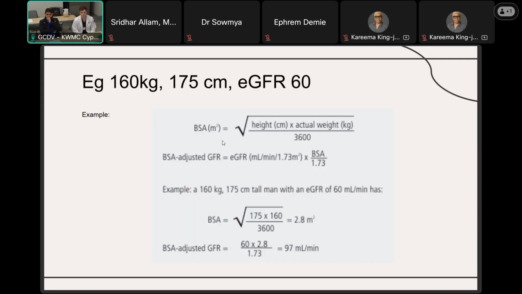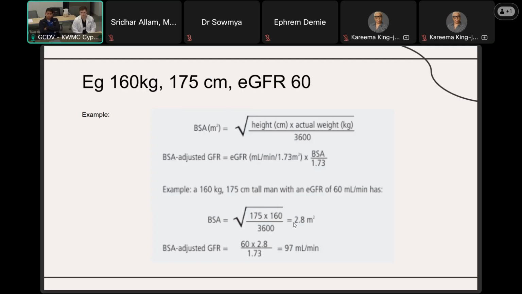So let's take an example. I'm an extreme patient, which is 160 kilograms. Height is 175 centimeters, and the estimated GFR by CKD is 60. When we calculate the body surface area, it would be the square root of 175, which is the height, times 160 kilograms, which is the body weight, divided by 3600. The body surface area is 2.8 meters square.